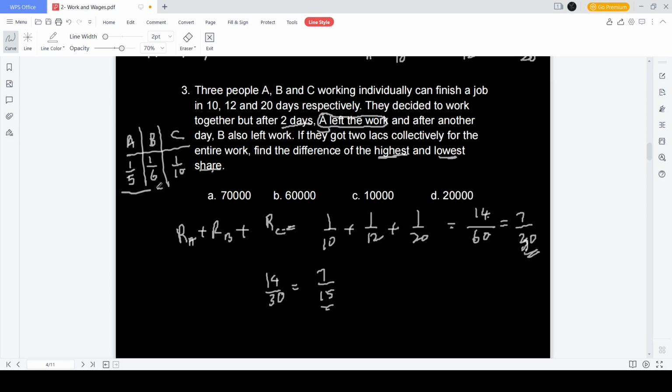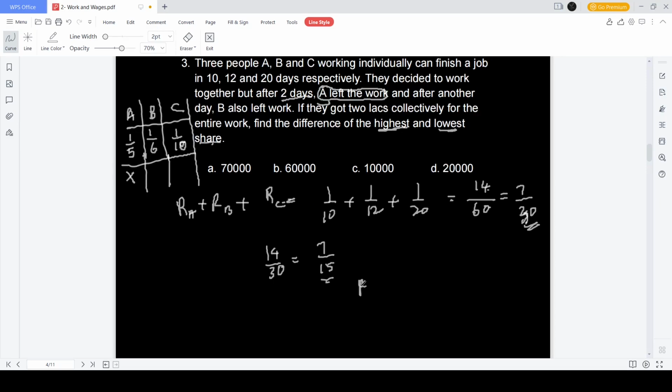Next, A left the job, hence we don't add anything here, and we calculate only how much work B and C have done. Now A left the job, so we calculate how much work B and C can finish in a single day. That is nothing but RB and RC.